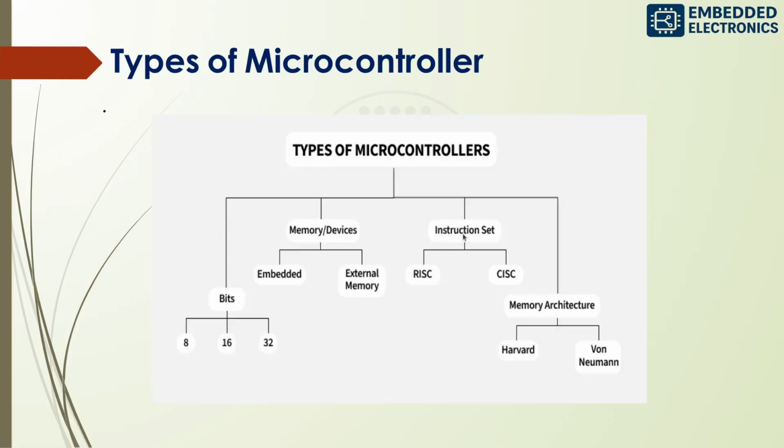And based on the instruction set, we have two types, RISC and CISC. So what is RISC? Reduced Instruction Set Computer. Here it simplifies the instruction set using fewer and simpler commands. But CISC is Complex Instruction Set Computer.